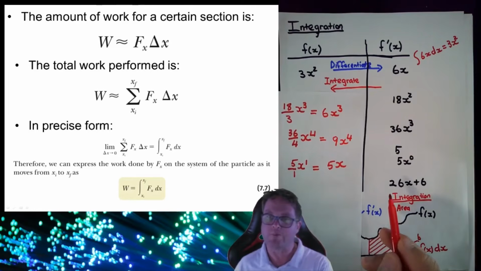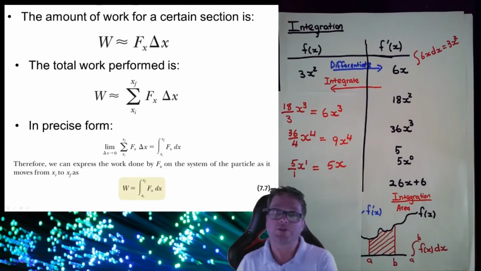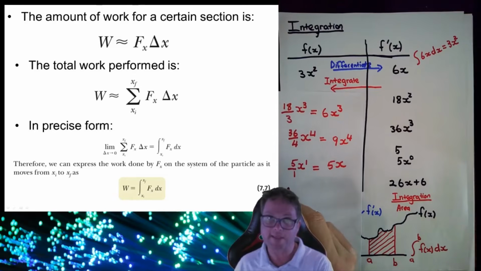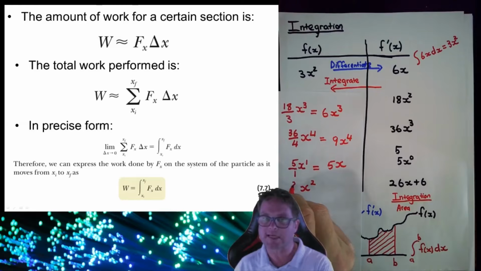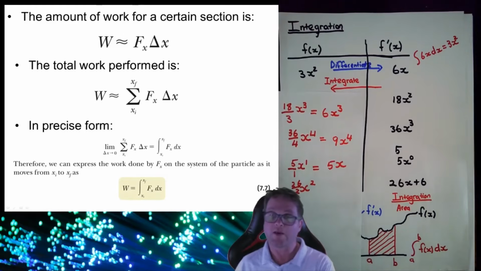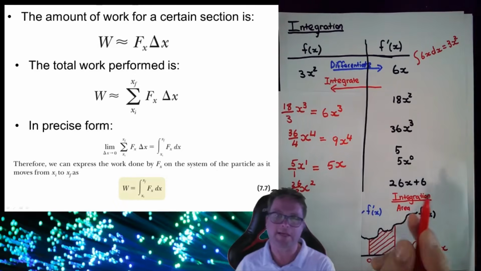If we have a function with multiple terms, as in here we have 26x plus 6, then we do it in exactly the same way, except we do each of the terms individually. When we deal with the 26x, at the moment it's x to the power of 1, so we change this to x squared, and then we take our 26 and divide it by the new power, which is 2. Then we also need to take care of the second term.